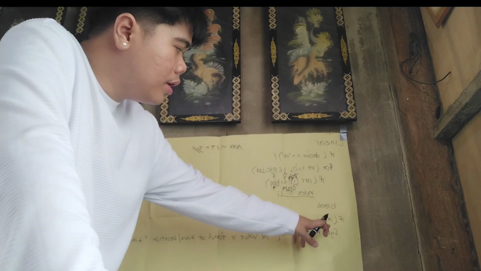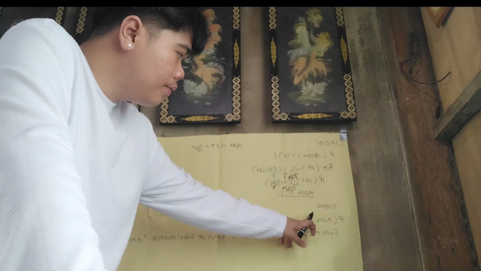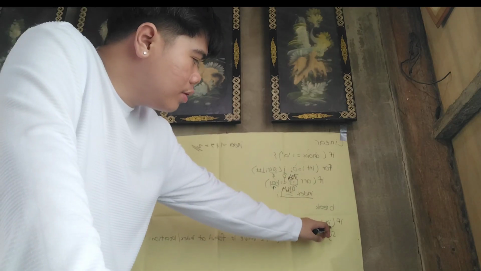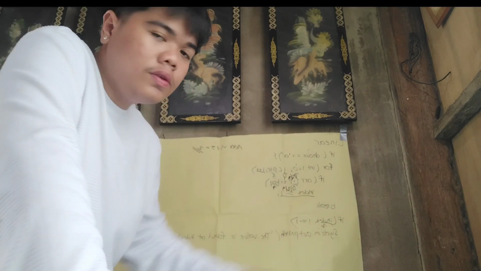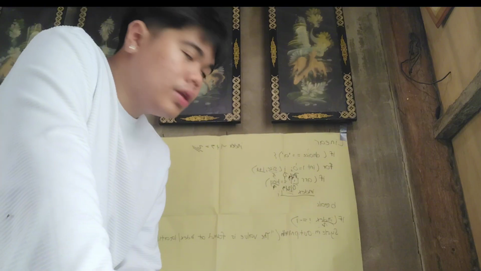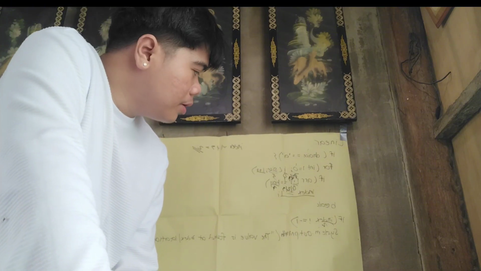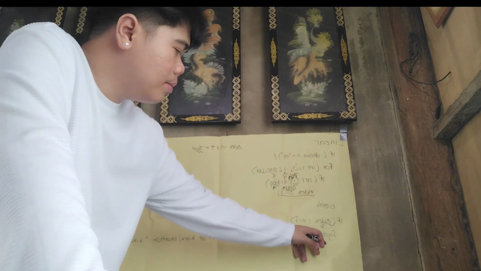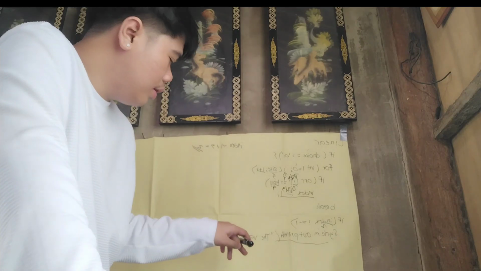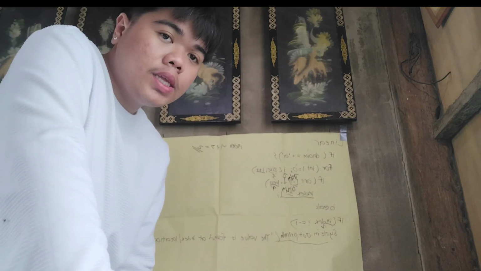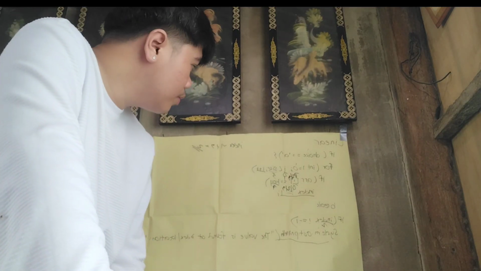The code will run here at our result if. The index is 2, so it is not equal to negative 1, so the system out will print: the value is found at index or location 2.